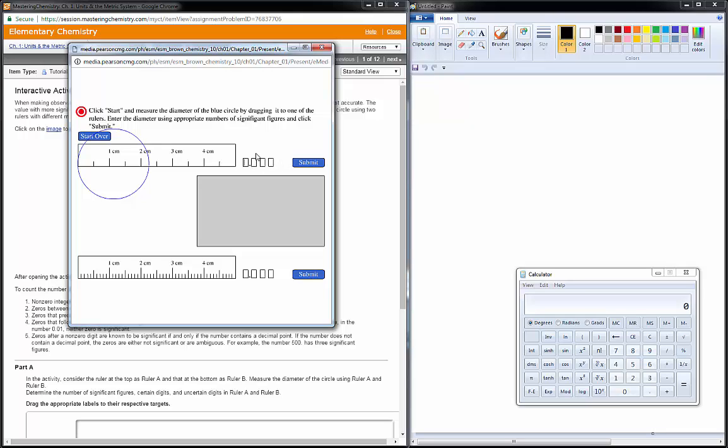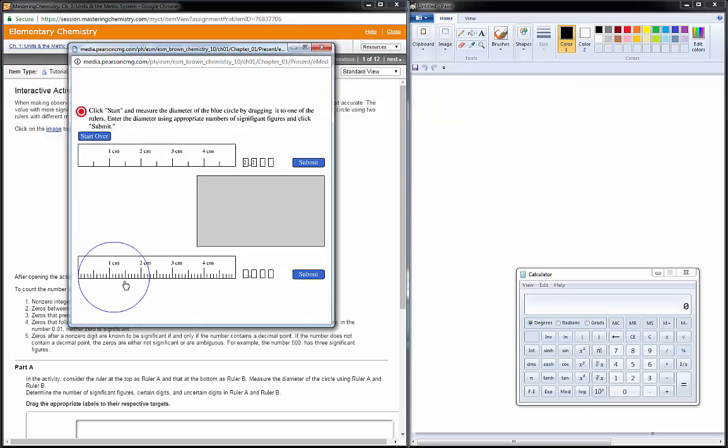So I'm going to say 2.2 about. I really can't tell whether that's a 2 or a 3, and that's because we don't have additional tick marks. So you can see by that we've got one certain digit, we know that it's 2 centimeters, and one uncertain digit. We don't know exactly how many millimeters it is, but it's approximately 2 additional millimeters past the 2 centimeters.